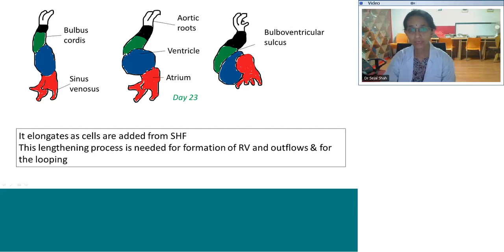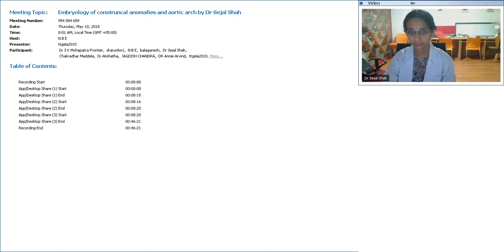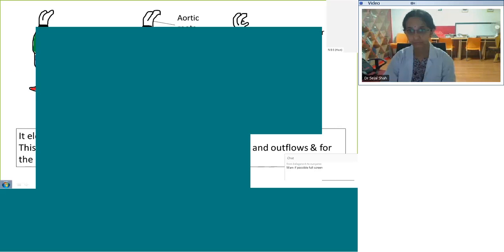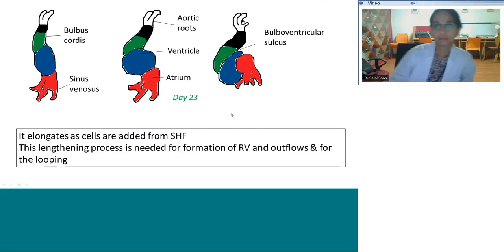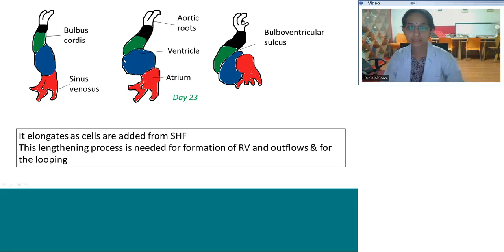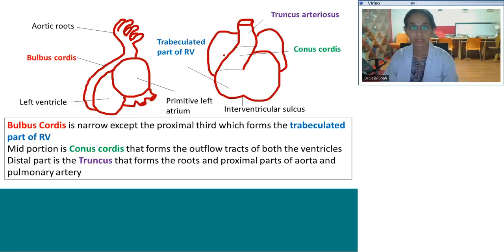After the looping happens at the end of the 3rd week, we have a bulboventricular sulcus present between the bulbus cordis and the primitive ventricle. Once the looping is formed, at the same time we have the lengthening of the outflow tract, which gives rise to the formation of the right ventricle and outflow tracts.